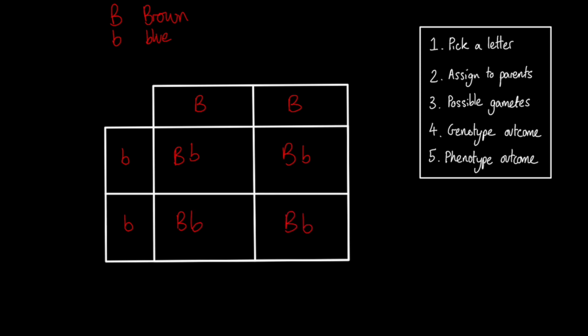In this situation where the parents are both homozygous, one is homozygous dominant, so that's the brown eyes at the top here, and one is homozygous recessive, that's the blue eyes on the side there, then the only outcome is this big B, little b, so it's heterozygous because they're different alleles, and it would come out as dominant because the brown eyes only needs one allele to be expressed. And so the phenotype is the expression of the gene itself. And so in this case, because it's big B, little b, we said it only needs one to be expressed, so my eyes in this case are going to be brown.